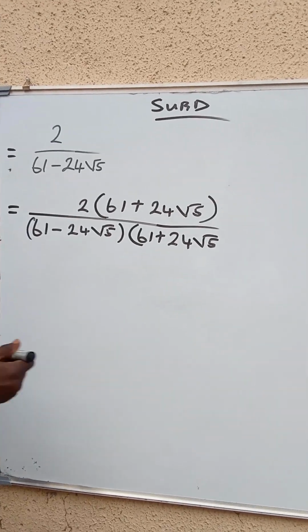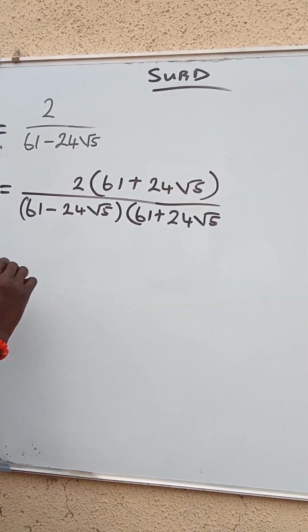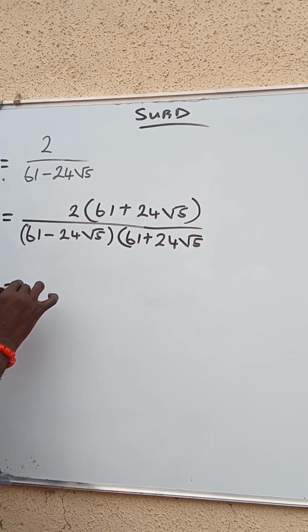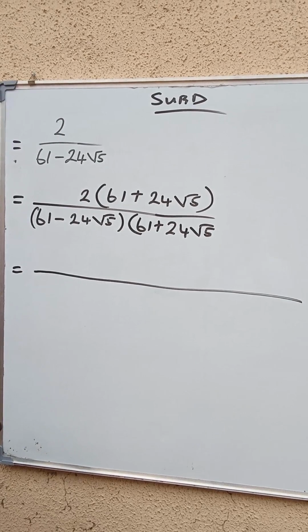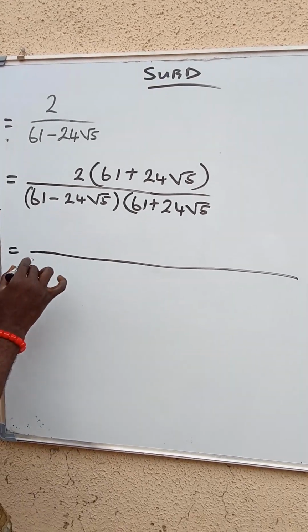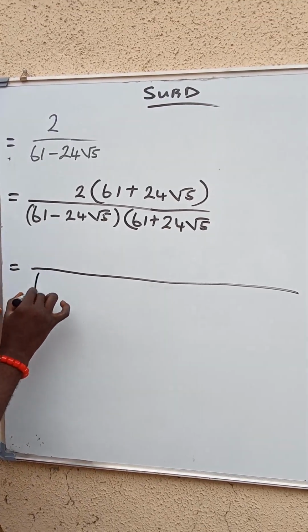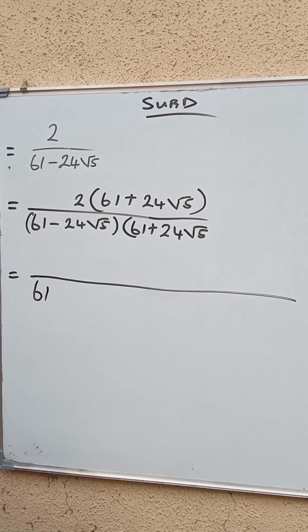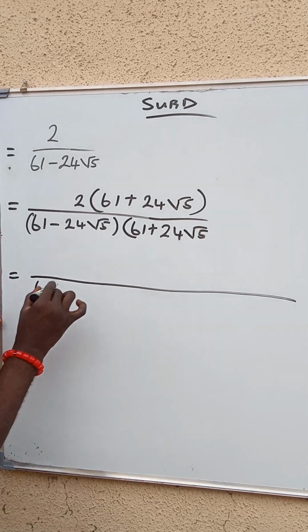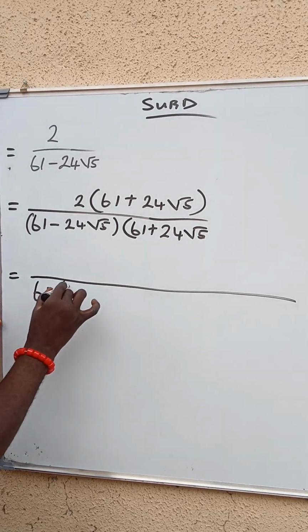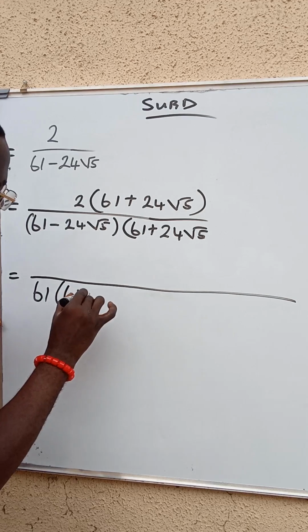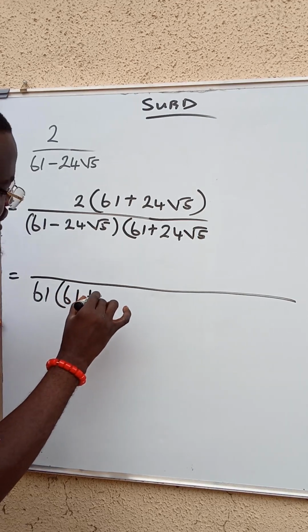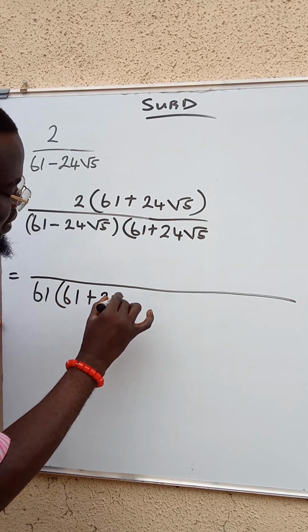So this will give me what? You first draw your line. I don't know where this line will end because this one is long. You have to bring what? 61. Open your bracket. Your own bracket, not my own. Plus 24 root 5.